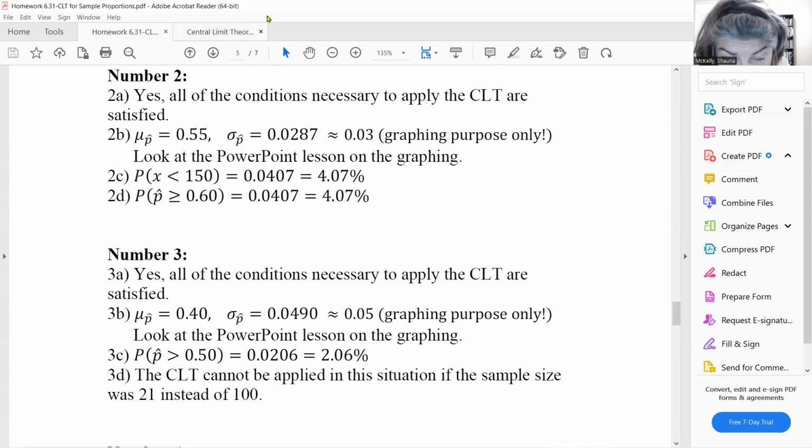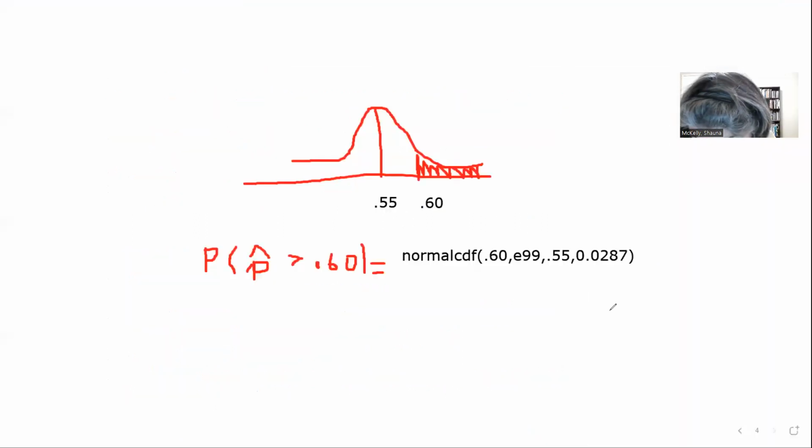I'm going to go back one more time to the whiteboard here. It's the same result, but with a different set of numbers. This is 0.0407, which is 4.07%.